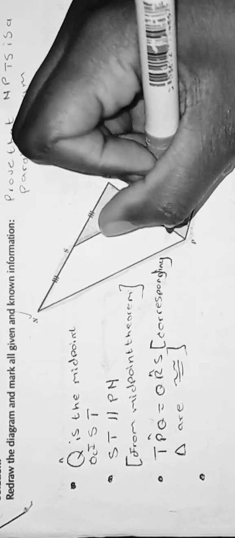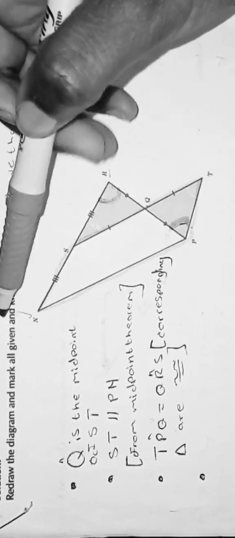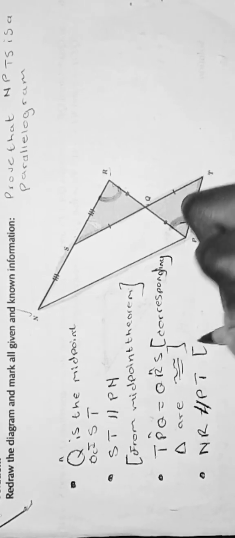The reason will be alternate angles because we have proven that this angle is equal to this angle, which makes NR parallel to PT. So therefore, because P is equal to R, NR is parallel to PT. The reason will be alternate angles.